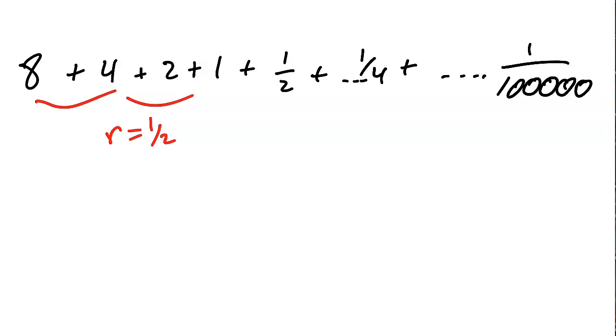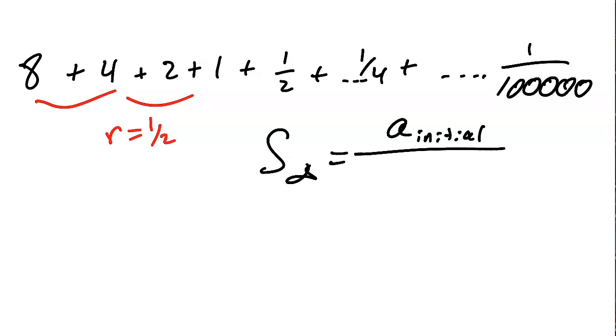So with infinite geometrics, I can say that it actually goes to a sum. I can say the sum converges, and the sum of an infinite geometric series is my initial term, a initial, over 1 minus the rate. That is how I will find the sum.